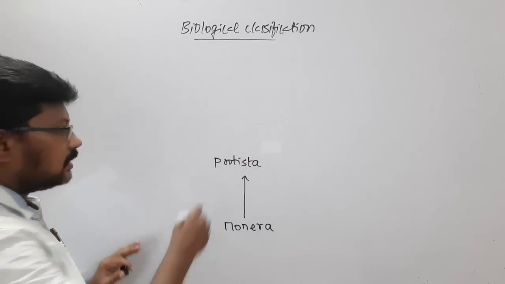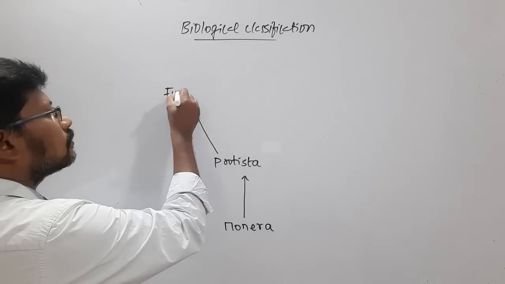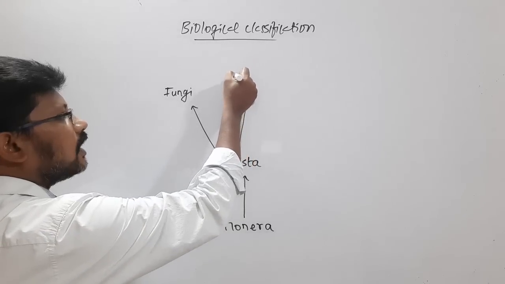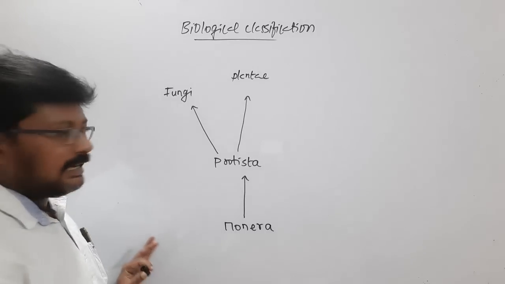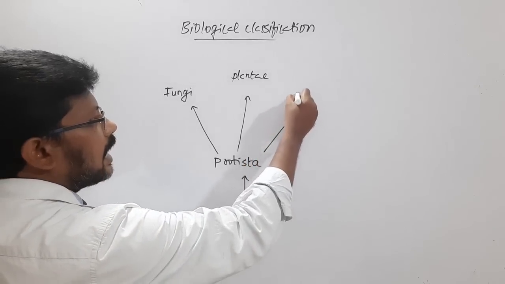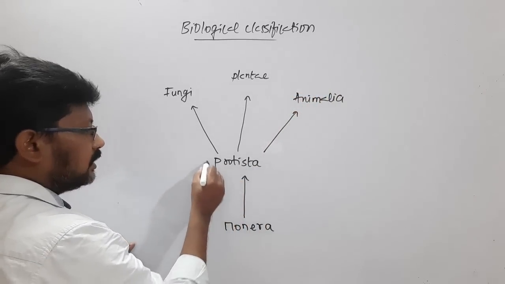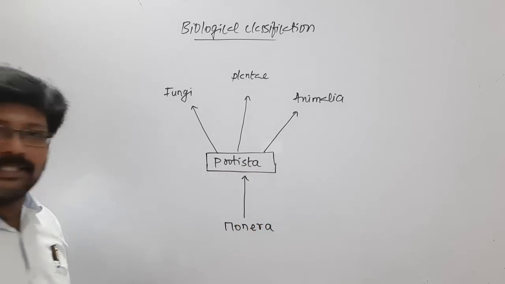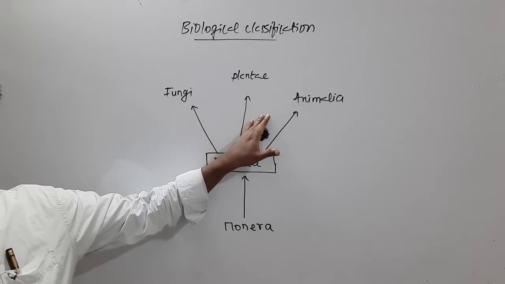These Protista, in the course of time, gave rise to three groups: Fungi, Plantae, and Animalia. So these three kingdoms evolved from Protista. The Protista are common ancestors for the groups Fungi, Plantae, and Animalia.